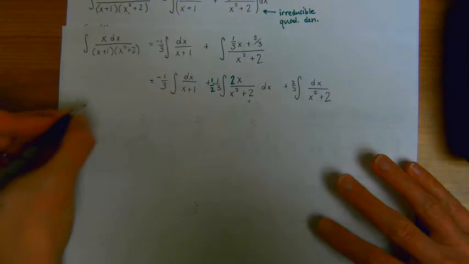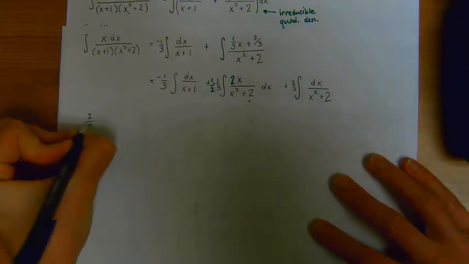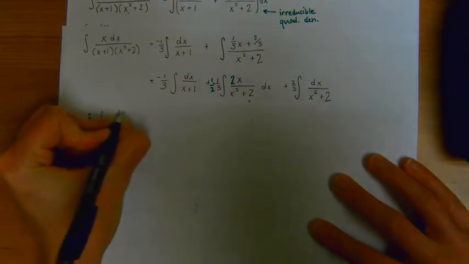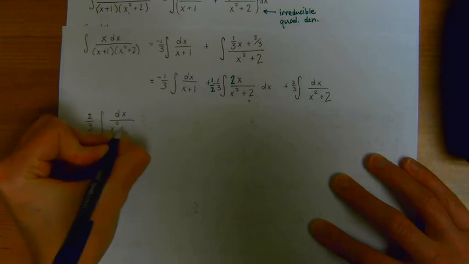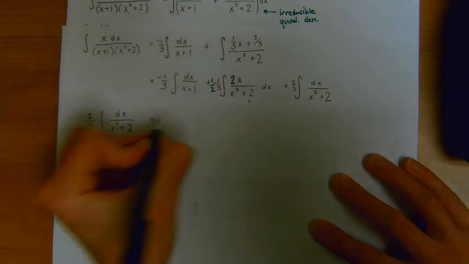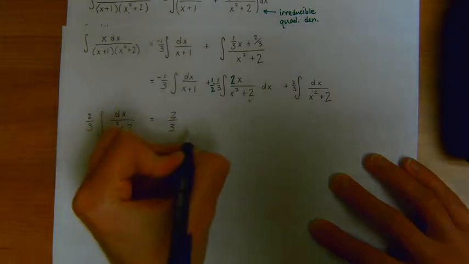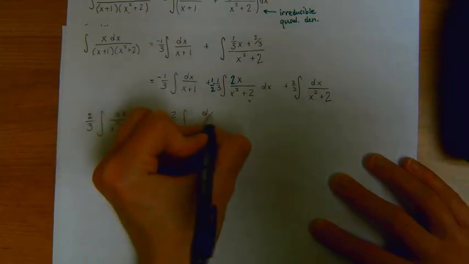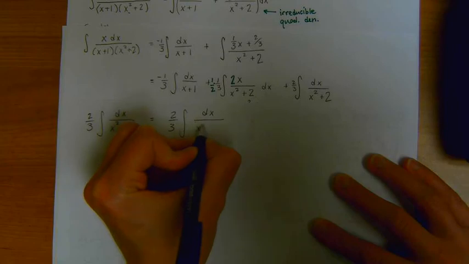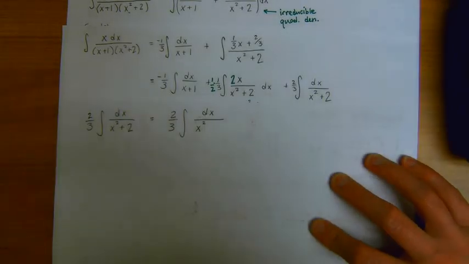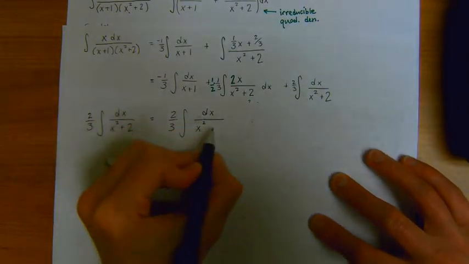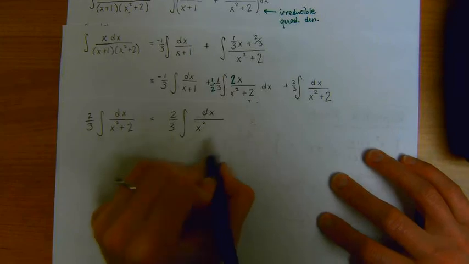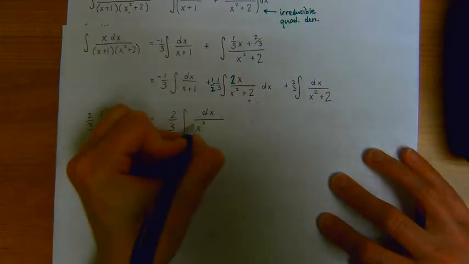So on my separate sheet of paper, I'm going to consider what is 2/3 times the integral of x squared plus 2. I'm going to rewrite this. I need to factor out a 2 from each of these terms.